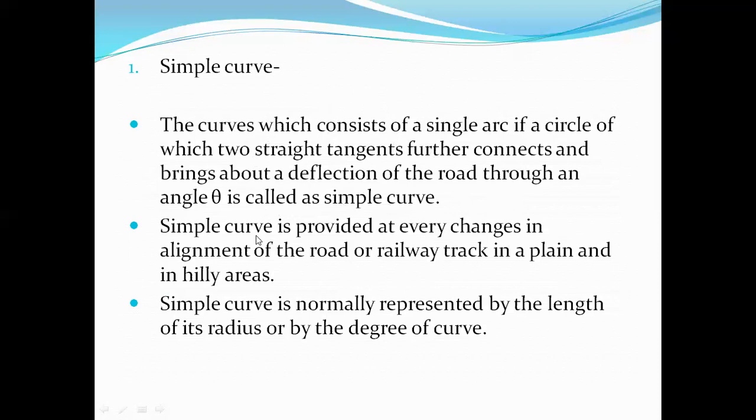Then the simple curve is provided at every change in alignment of the road or railway track in plain and hilly areas. That is, in plain areas or in hilly areas where a change in alignment of the road is required, at that point simple curves are provided. A simple curve is normally represented by the length of its radius or by the degree of curve.